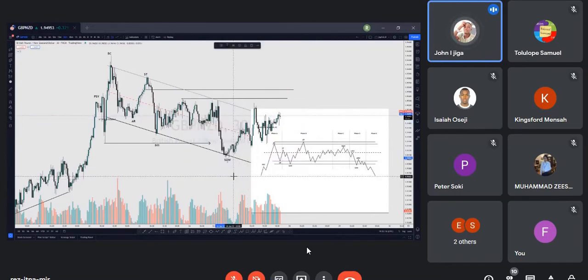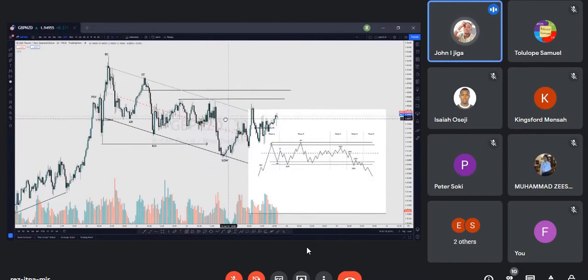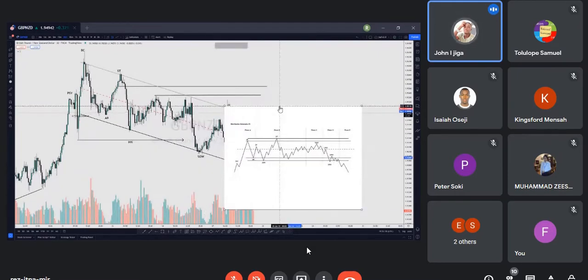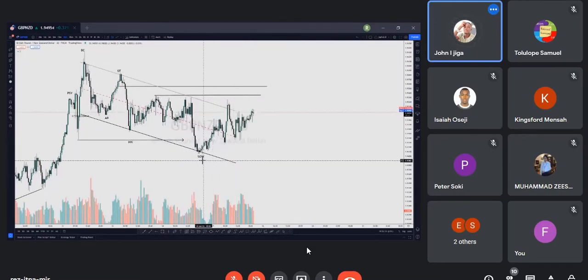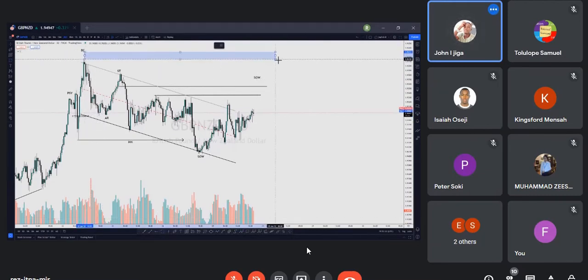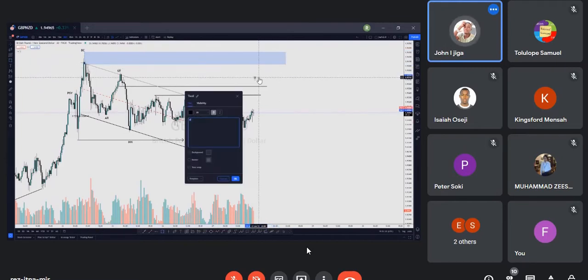So now we expect an upthrust action, then a test before a break of structure. You see, easy. So I'm expecting an upthrust within this POI or probably within this hidden order block over here. So that's it. This is Wyckoff.